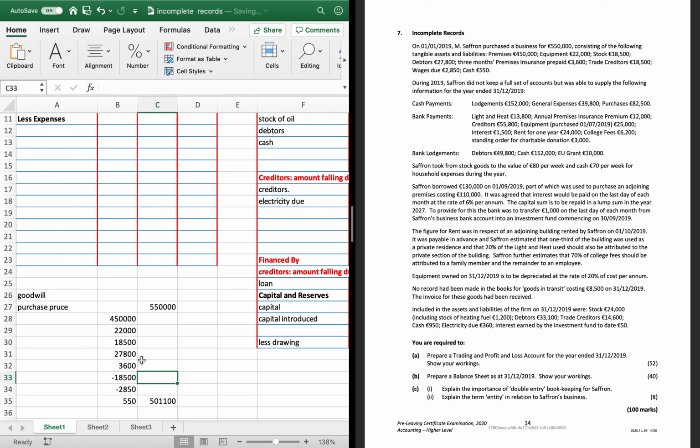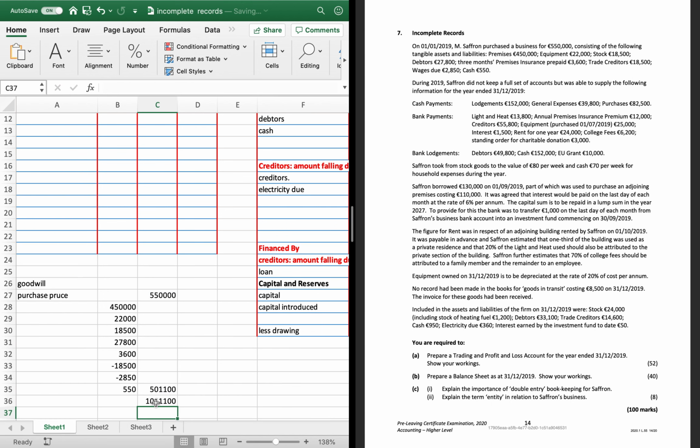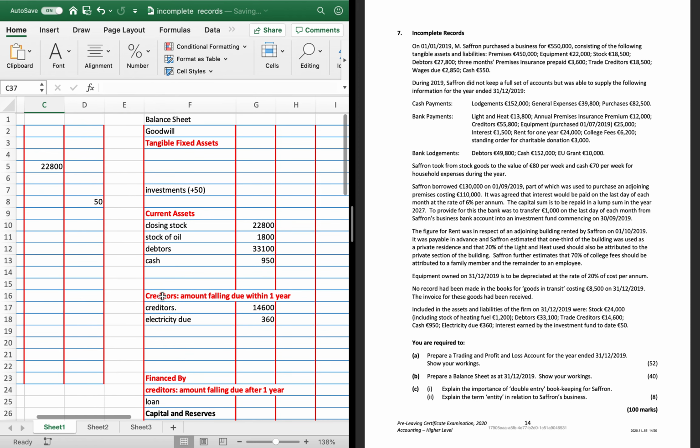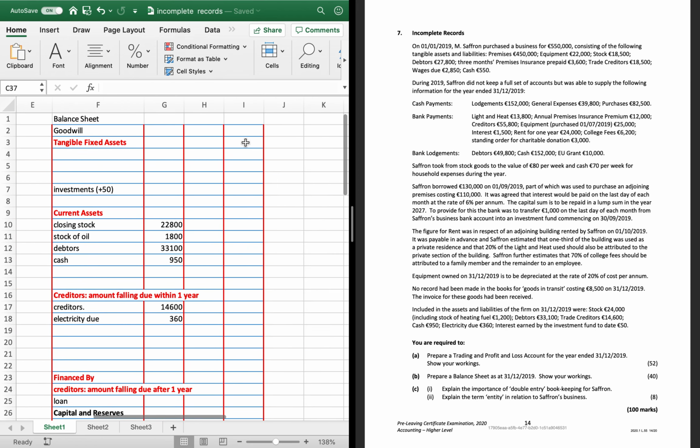So 5011, it's a bit more like it. Obviously you can't have a minus goodwill. Well, you could, but what we call goodwill, that's 48,900 is our goodwill. Okay, that's our first big working done, and there's not a lot to it.